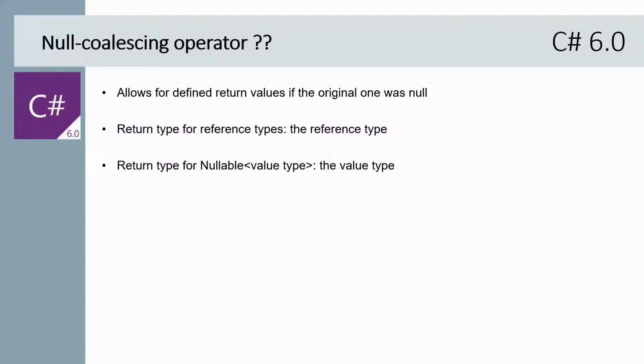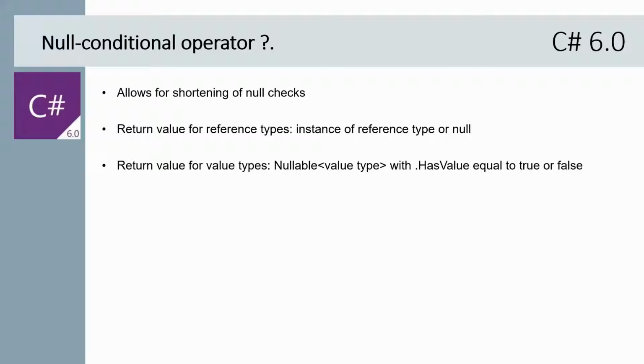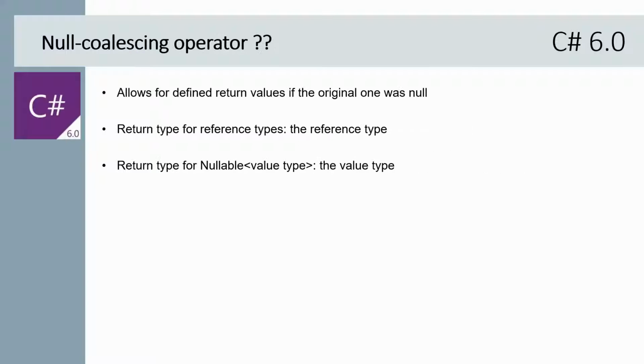And we have previously talked about the null-conditional operator, where the return value for reference type was an instance of this reference type, or null, and the return value for value types was nullable of that value type. With the null-coalescing operator, the return type for the reference type is still the reference type, but the return type for a nullable is the actual value type, because that's the whole purpose of the null-coalescing operator, that you do not get a null value when you use this operator.